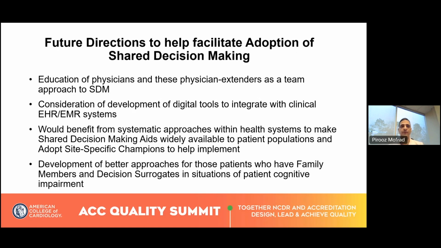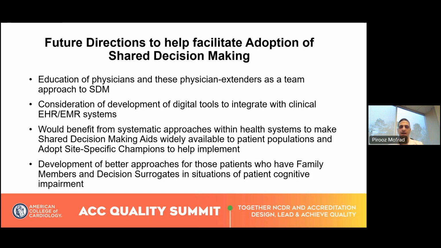So again, a lot of times development of these physician extender programs where every institution has a team approach to shared decision making definitely makes it easier to institute. And there have been EMR systems that are trying to integrate these digital tools into the system so that it can be documented easier. We do that at Adventist.